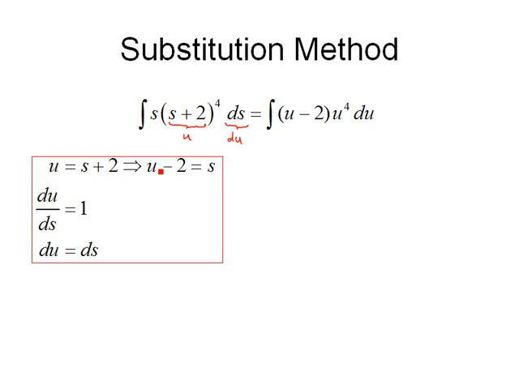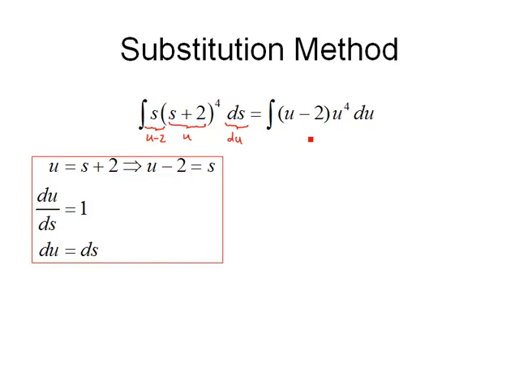So that's where the u minus 2 comes in. The s becomes u minus 2. So when I convert everything over into u's, I'm going to have a u minus 2 from the s, the s plus 2 becomes u, and it's to the fourth power, and ds becomes du.